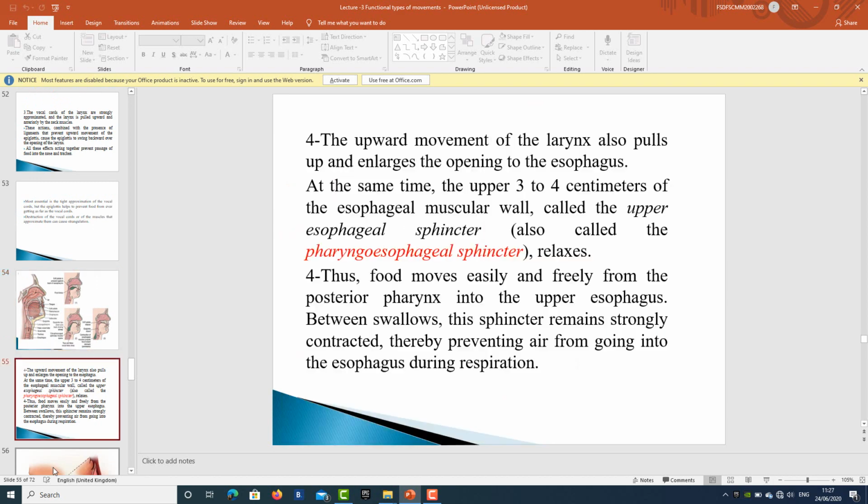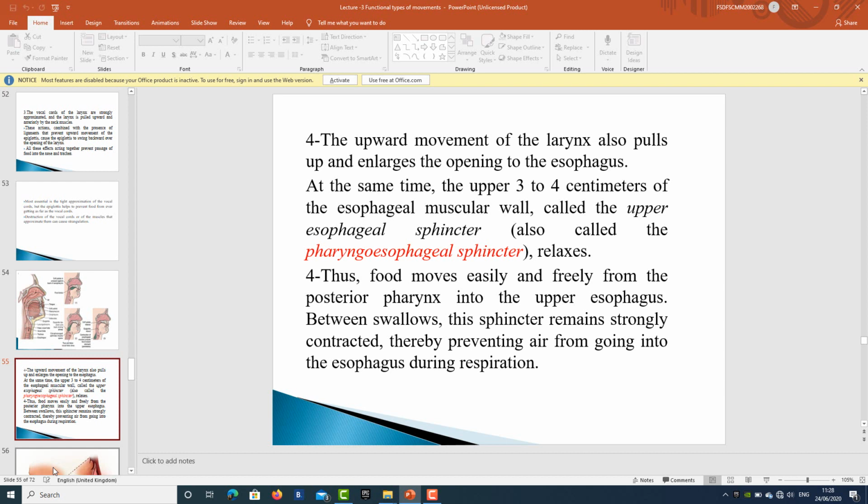See? The upward movement of the larynx also pulls up and enlarges the opening to the esophagus. At the same time, the upper 3 to 4 centimeters of the esophageal muscular wall, called the upper esophageal sphincter, also called the pharyngo-esophageal sphincter, relaxes.